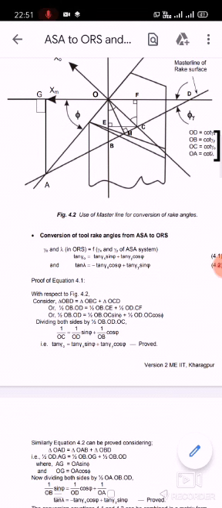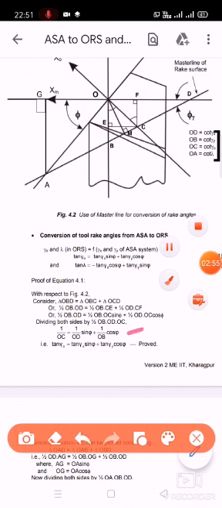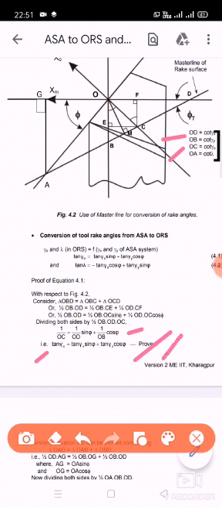Next, dividing both sides by half into OB, OD, OC, after dividing this you will get this line. Now from this equation 1 by OC equal to cot gamma O. So 1 by OC equal to tan gamma O. This is tan gamma O. Like this you will get this equation, and this is very important for your exam.